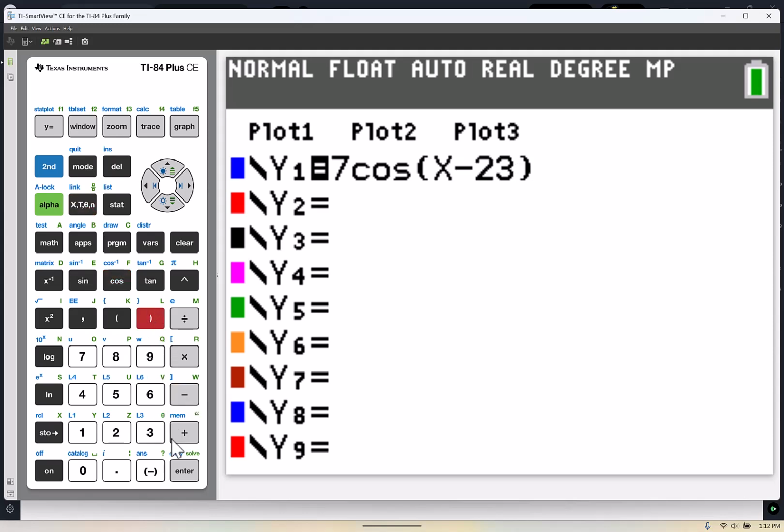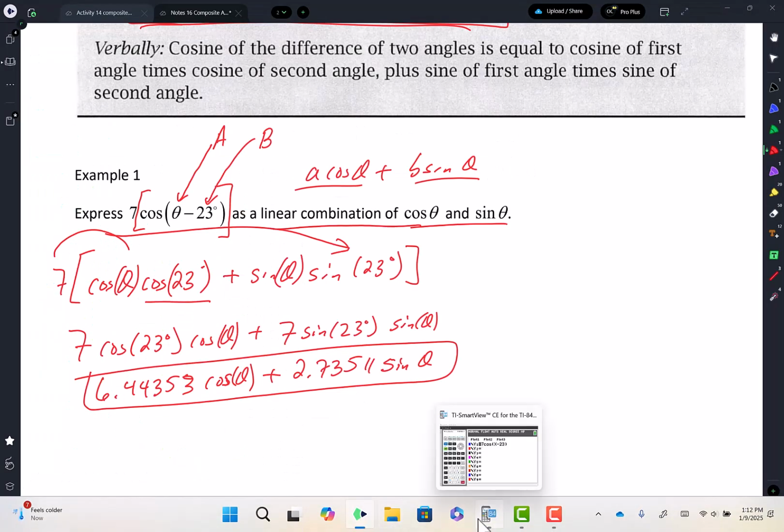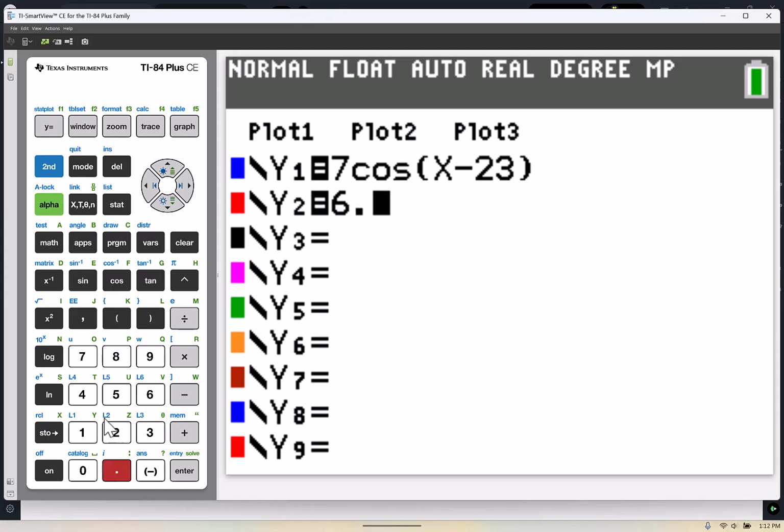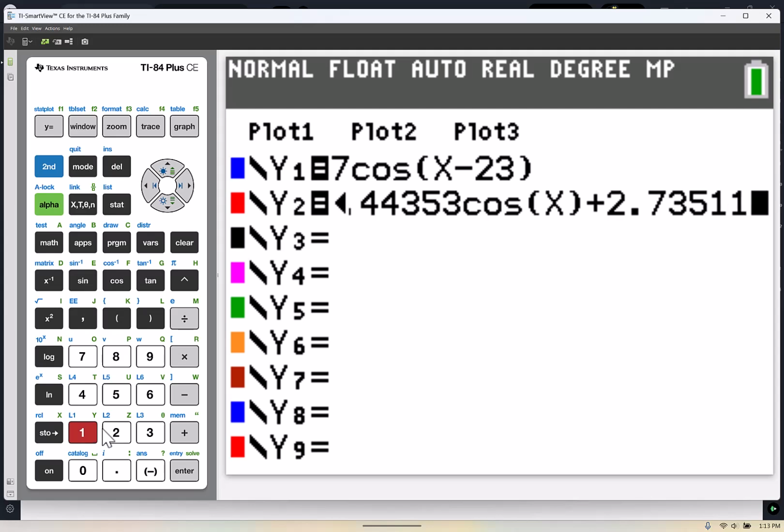Now I'm going to go ahead and write the number that I had. What was the expression that I had, guys? 6.44353 cosine x plus 2.73511 sine x. Look at this. Check this out.